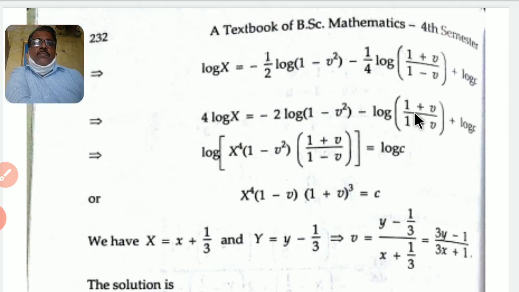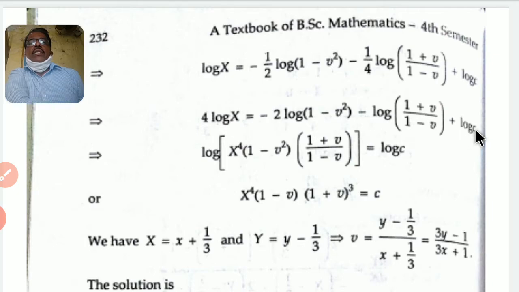Then bring this term also here, so it is plus log 1 plus v divided by 1 minus v. Now see this one is 4 log x, what it gives, log x to the power 4 plus 2 log 1 minus v square, then plus log 1 plus v divided by 1 minus v is equal to log c.